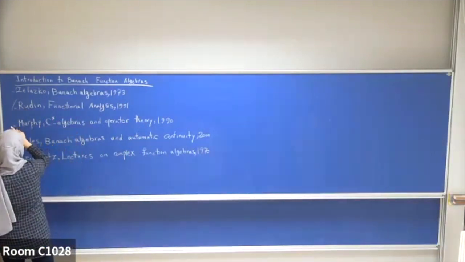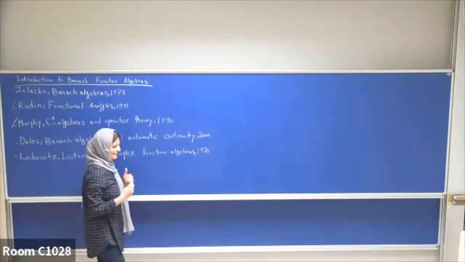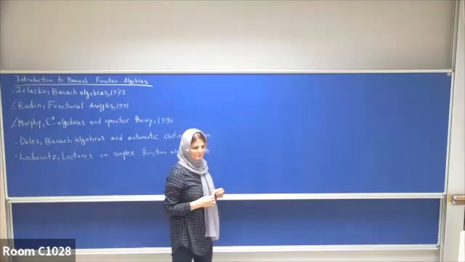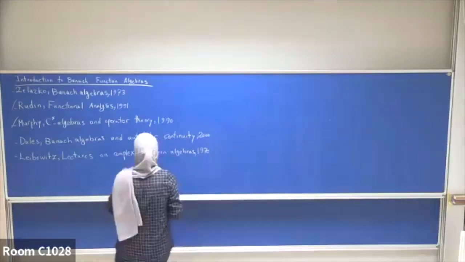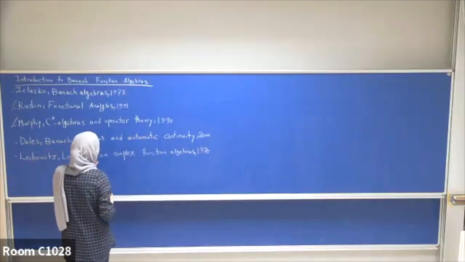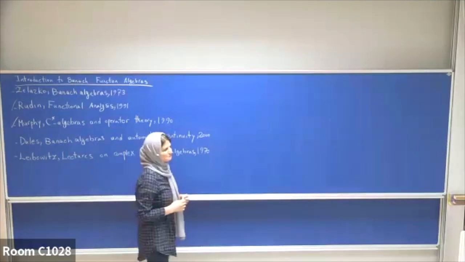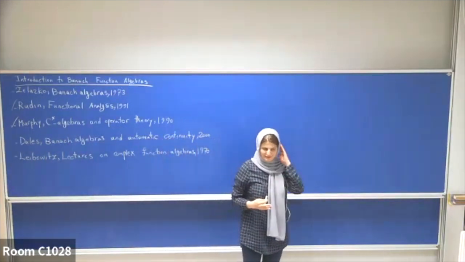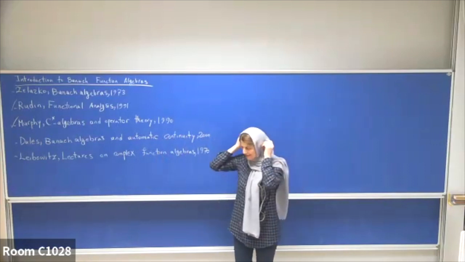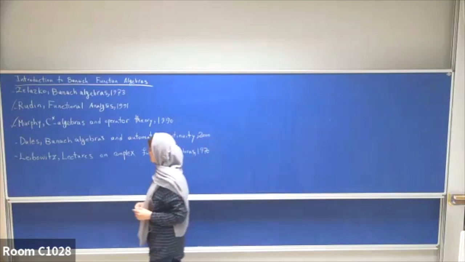And of course, I use Morphy because I found some proofs here better to follow. That's why I will follow this book. And Banach algebras and automatic continuity by Dales. It's a very interesting book. It's like a dictionary. You can find many things there, and then I think it's really a good reference.